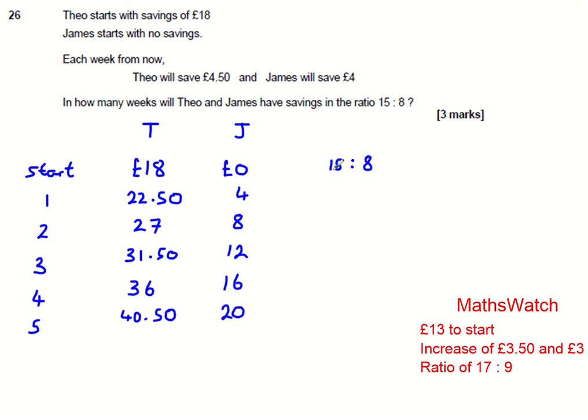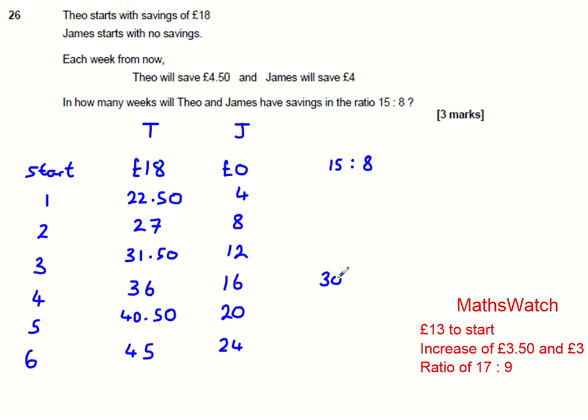That's still not in the same ratio. And then finally, week number 6, we add on £4.50 which will take us to 45, and adding on another £4 is 24. Remember I said before, if we take the ratio 15 to 8, if I double both of those numbers I get 30 and 16.